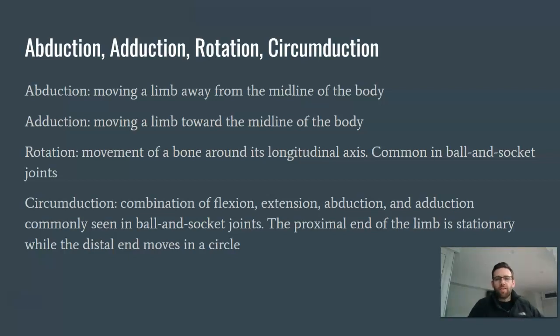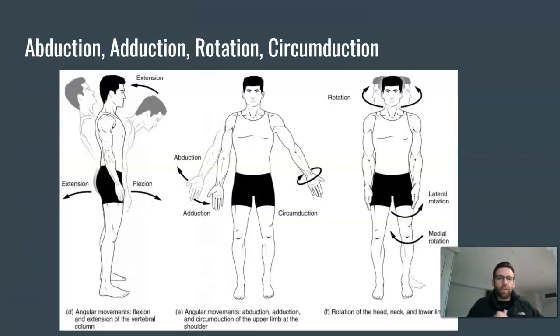If all these definitions are confusing, I have a picture for you here. So we have extension and flexion, but we also have right here, you can see abduction. You can see the hand is moving away from the midline of the body. Conversely, adduction, the hand is moving closer towards the body. Those are opposites of each other. And then we have circumduction.